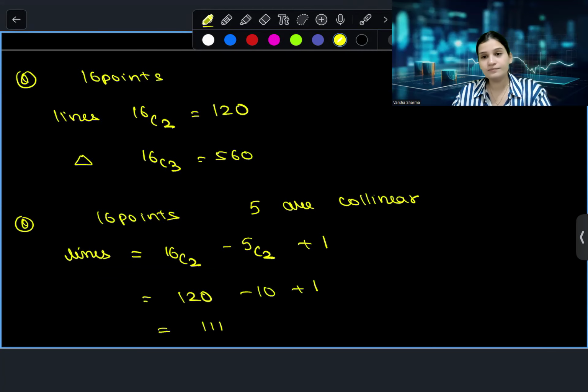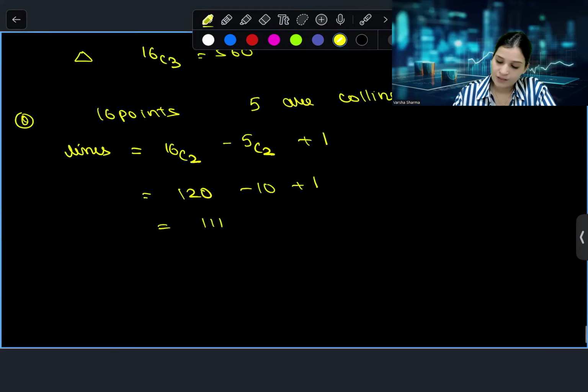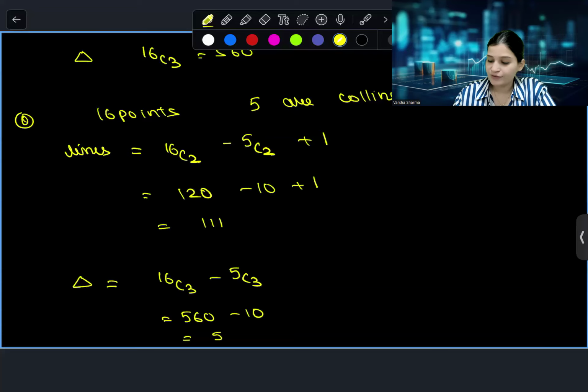So 111. How many triangles? It will be total minus the collinear. There will be no plus 1. So 16C3 was 560, this is again 10. So 550. Clear?